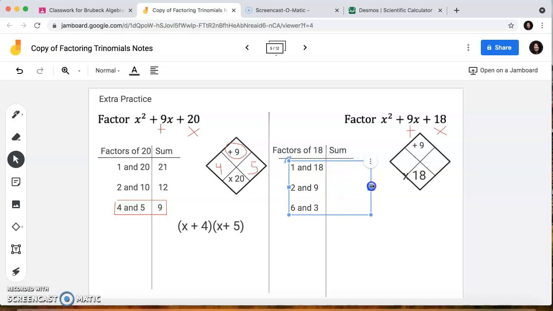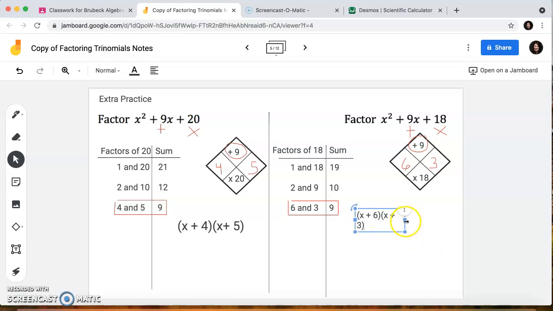And if we add those together, 1 and 18 is going to get us 19. 2 and 9, that's going to add to be 10. And 6 and 3 is going to add to be 9. So when you're looking for numbers that are going to add to be 9, we're going to use 6 and 3. So our answer is going to look like this: x plus 6 and x plus 3, because they're both positive.